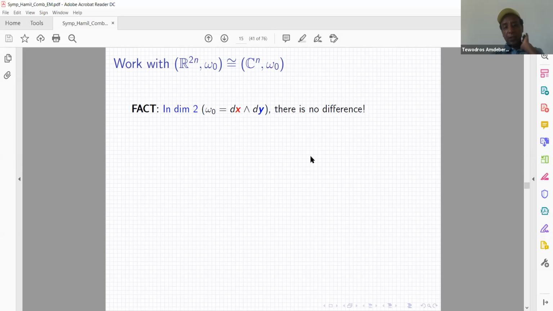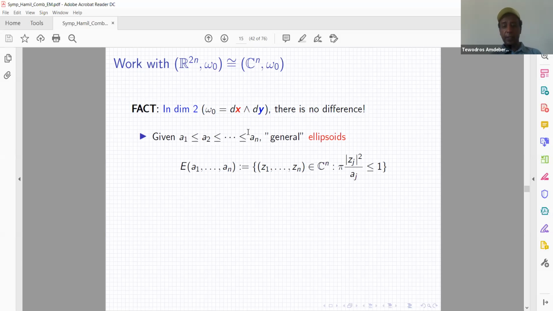So the first question you ask is in 2 dimensions, that means n equal to 1. In R^2, the symplectic form looks like this, that's it. And it is an area; by definition, it's volume preserving, and any area preserving map is volume preserving because area and volume are the same in this dimension. So there is nothing interesting here.